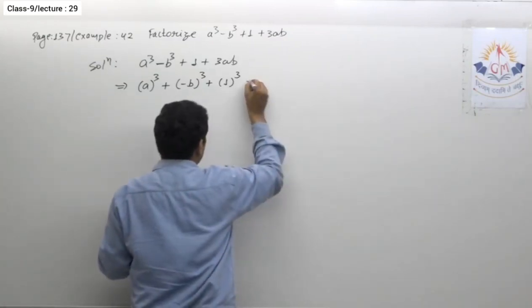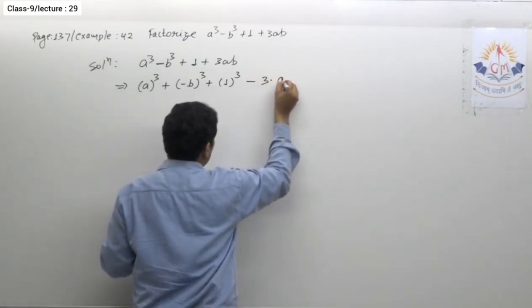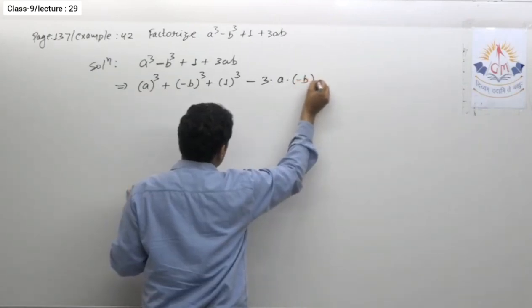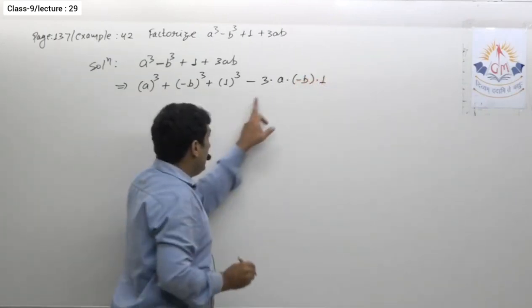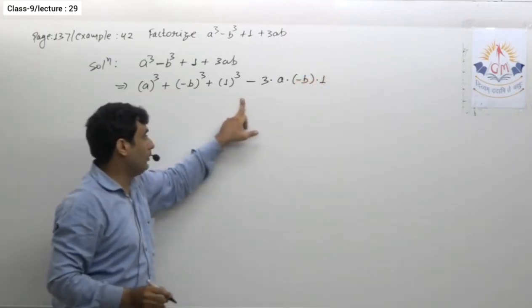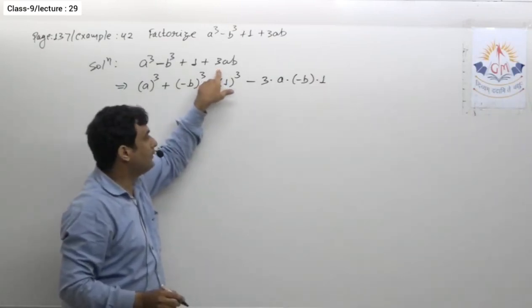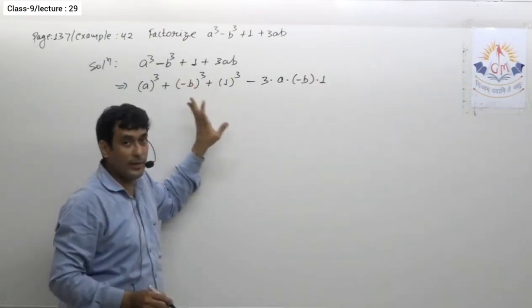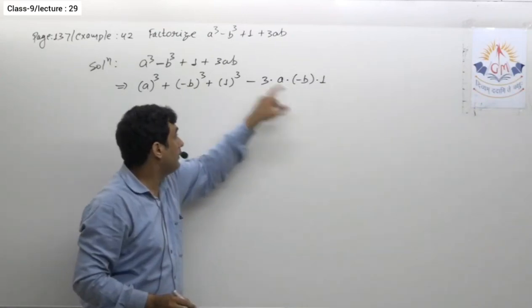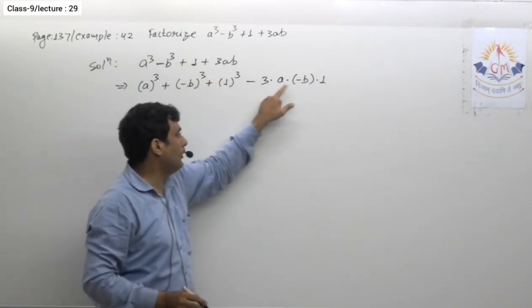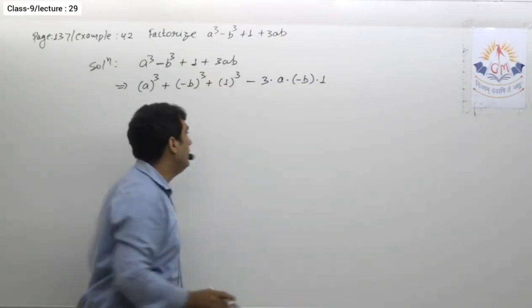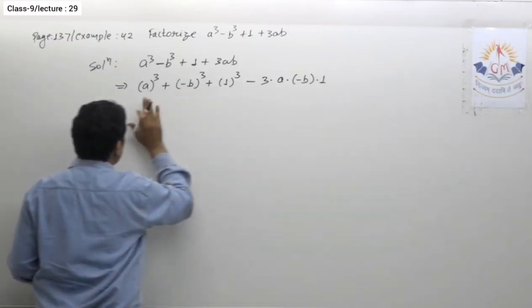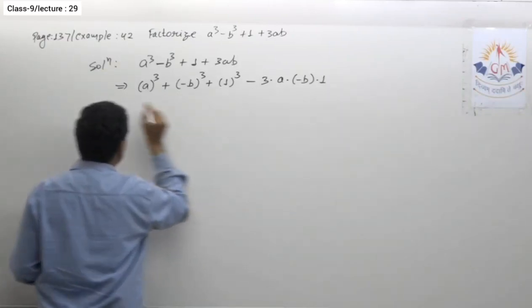The next term is minus 3 into a into b into c. Now if the product of these terms is equal to this, then definitely I will say this fits the identity. So minus minus plus, yes, plus is here, 3 into a into b into 1, that is 3ab. So this exactly fits the identity of a cube plus b cube plus c cube minus 3abc.